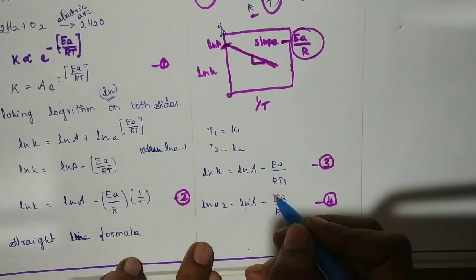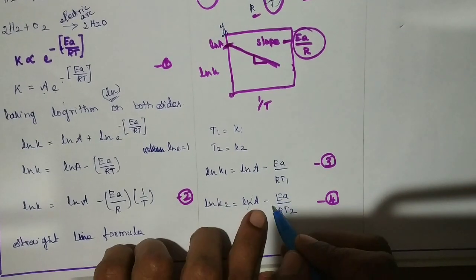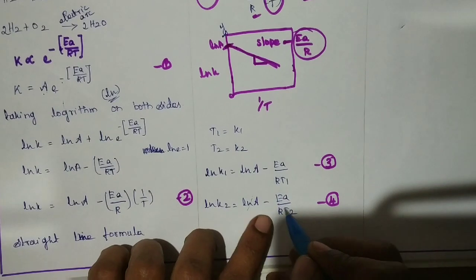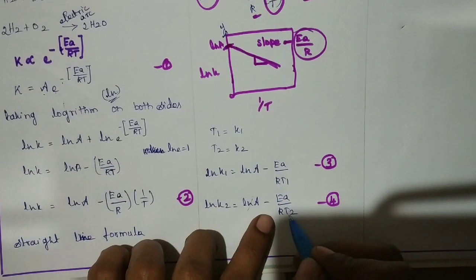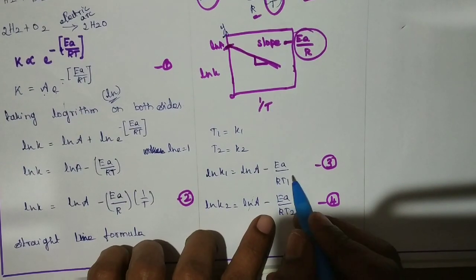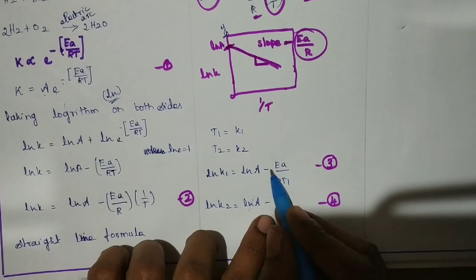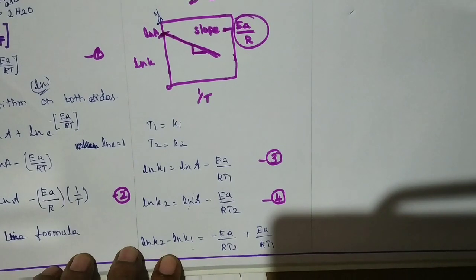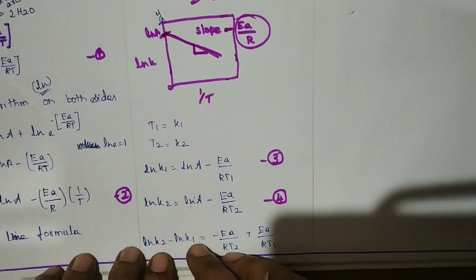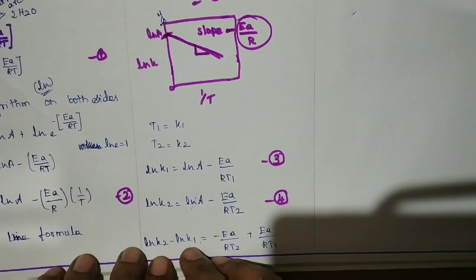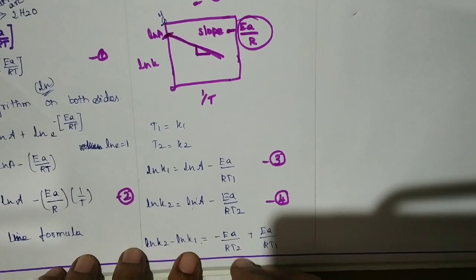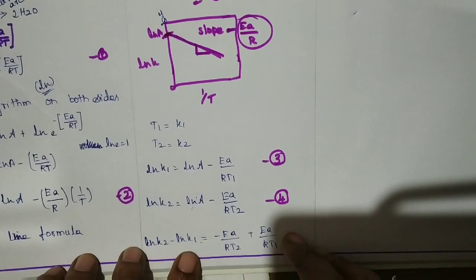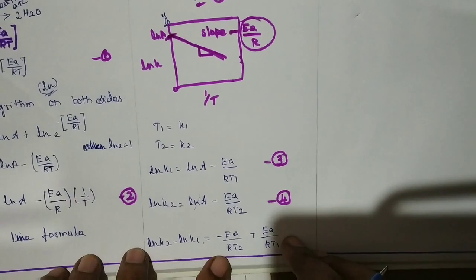Taking the second minus the first, the sign changes to plus. So ln k2 minus ln k1 is equal to minus Ea by RT2 plus Ea by RT1.